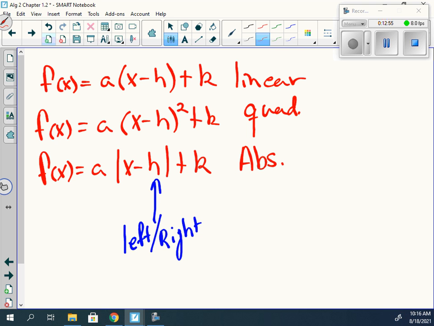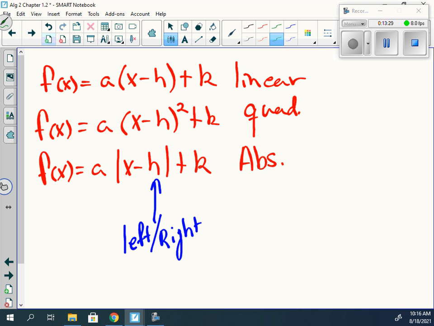Because if h is 2, in here we would have x minus 2. Since 2 is positive, the value of h is positive, it is to the right. But it looks like it is negative because x minus 2. So really the best way I can tell y'all to keep left and right straight is it's the opposite of what you think. If it's inside parentheses, inside absolute values, with addition or subtraction, adding or subtracting something from x, it's always opposite of what we think.